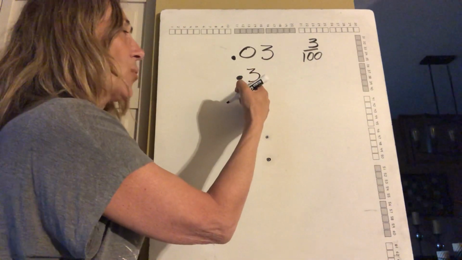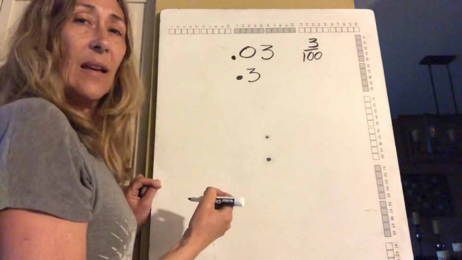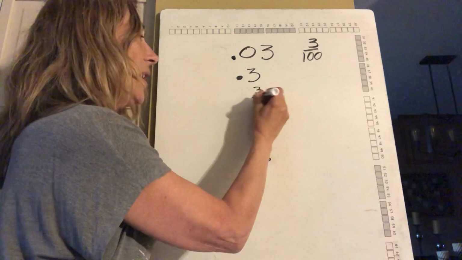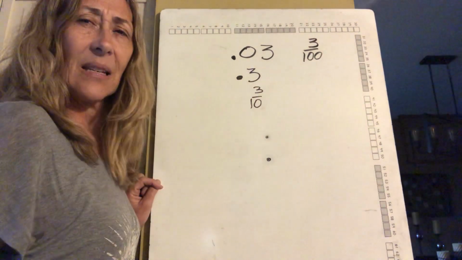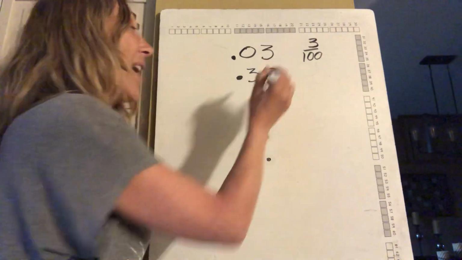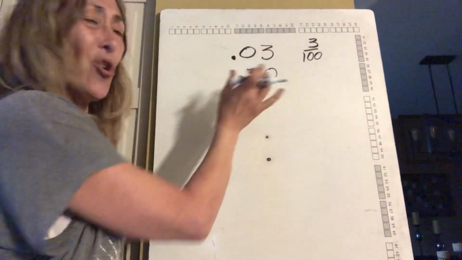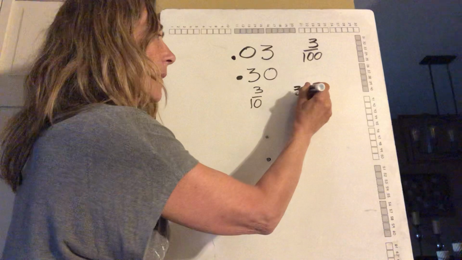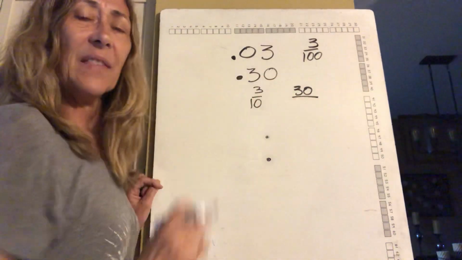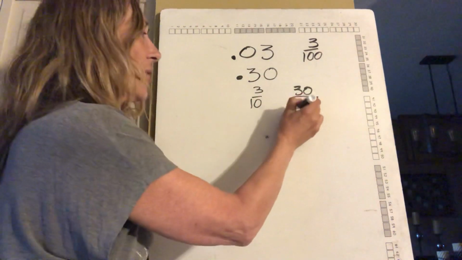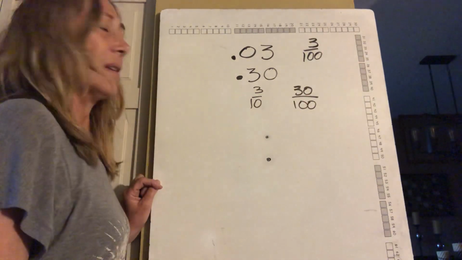If I put my 3 here, this is 3/10. I could add a 0 onto it, and now I have 30, but that's in the 100th place, so it's 30/100ths.